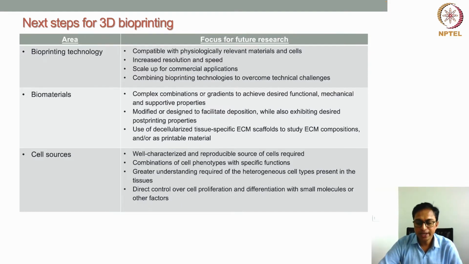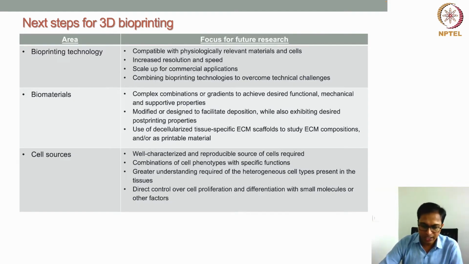But when we discussed organ printing, I mentioned that organs typically have a micro to macro structure, and the internal architecture also has a nano to micro architecture.